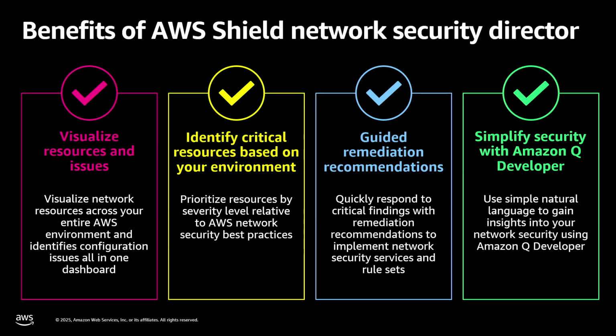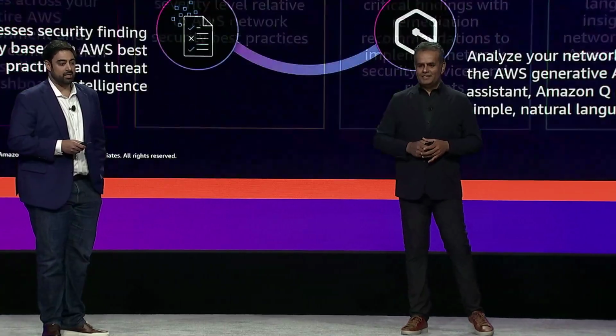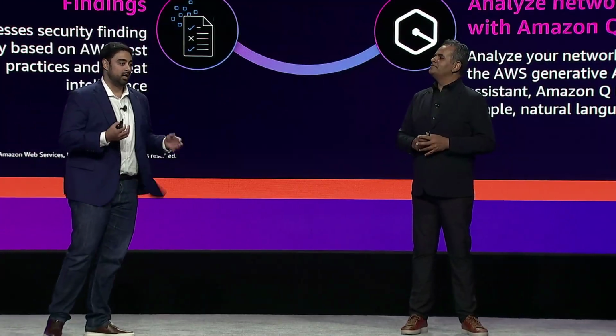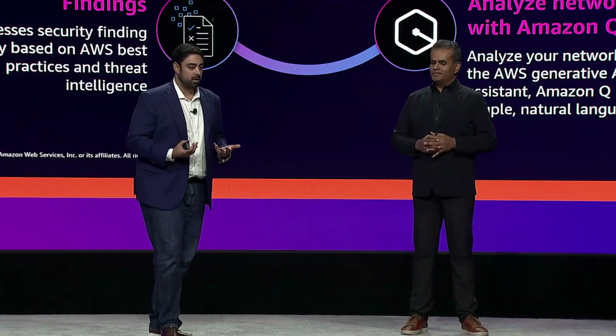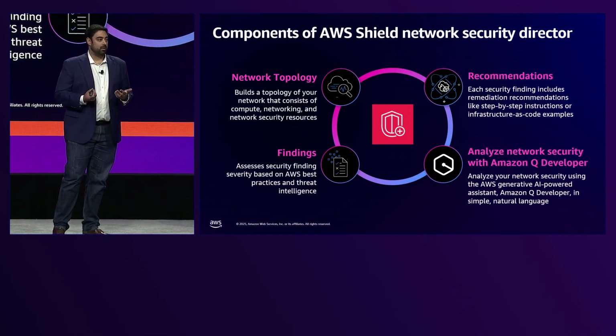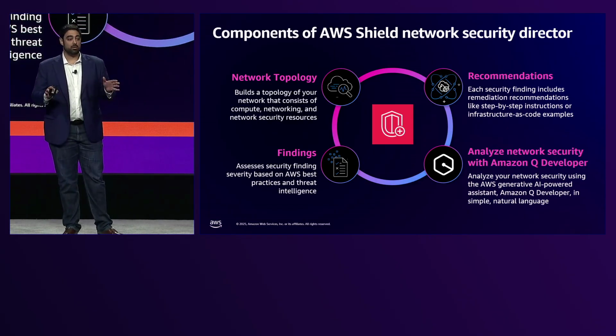It's a great job. Absolutely, and that is exactly what is intended to be the case with Network Security Director here. And to just summarize what we've gone through today, number one is network topology, right? We are analyzing the resources in your environment.